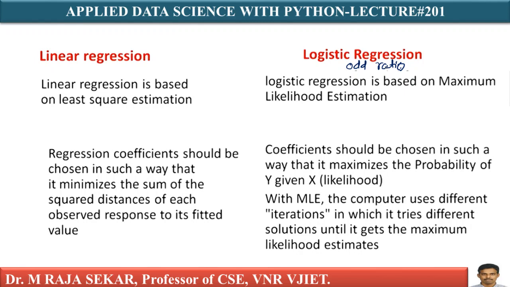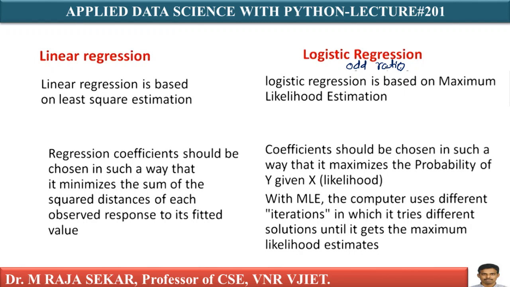If there is a 1 unit increase in the independent variable, then there is 3 times more chance that the probability will increase. This is the way to interpret the coefficient of logistic regression.